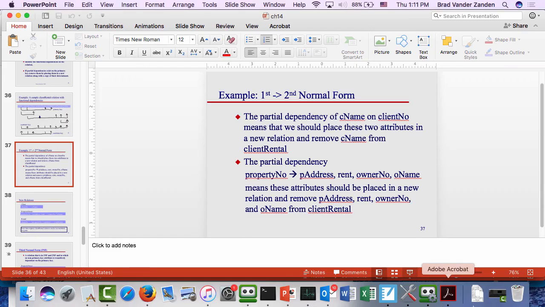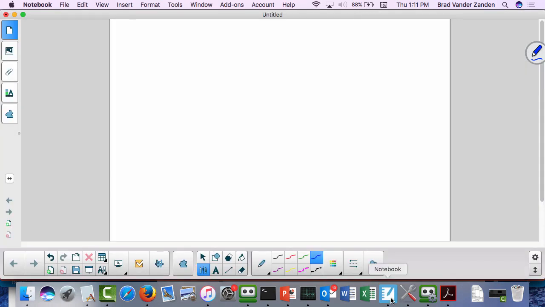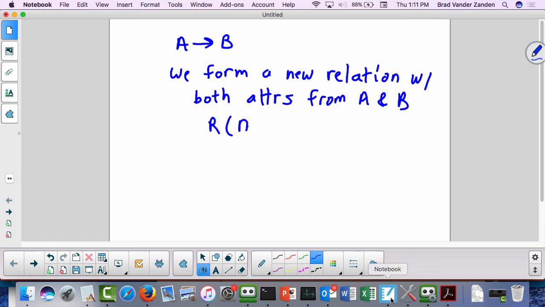So let's write this down. A rule for this: if we have A goes to B, we form a new relation with both attributes from A and B. So we have one new relation which involves all the attributes of A and B. And what do you think A represents in this new relation?